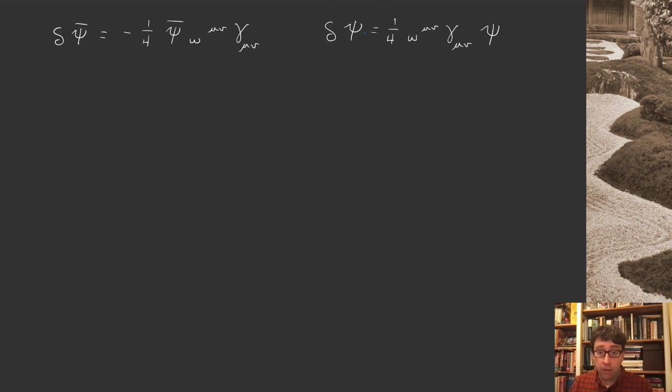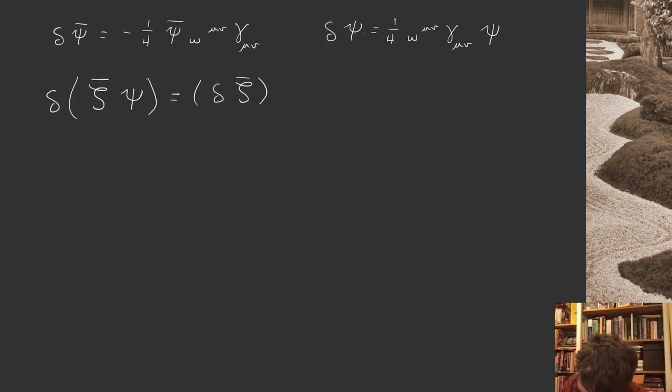All right, so I've copied out the relevant transformation rules for psi and psi bar, and now let's see what happens to the proposed scalar quantity. So suppose we have a spinor zeta bar and a spinor psi, and I want to compute the Lorentz boost of this. So I'm going to have delta zeta bar psi plus zeta bar delta psi, and now I plug in the rules.